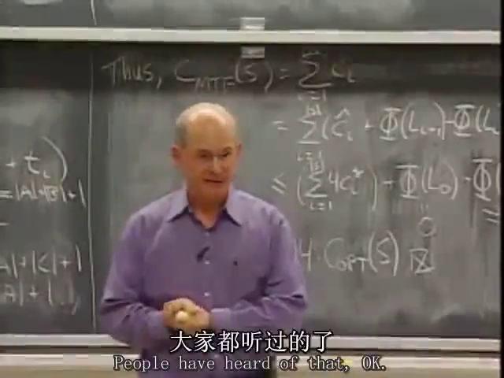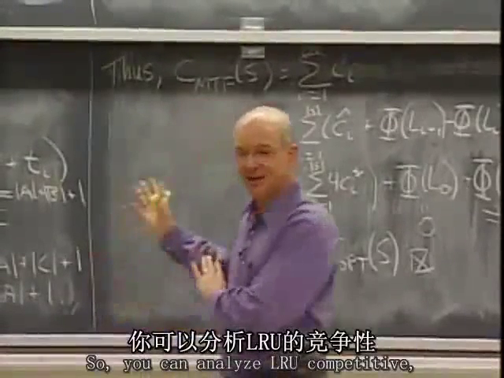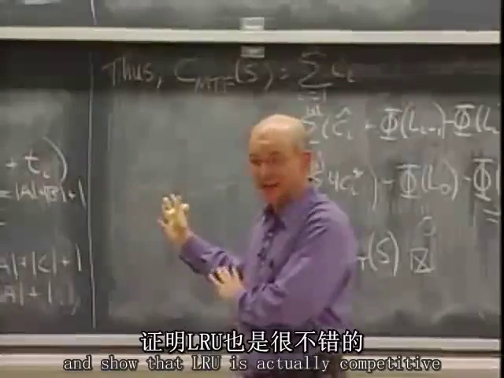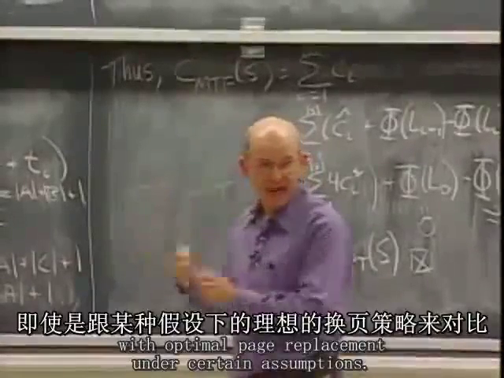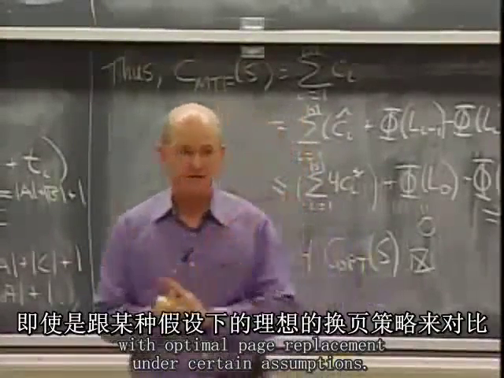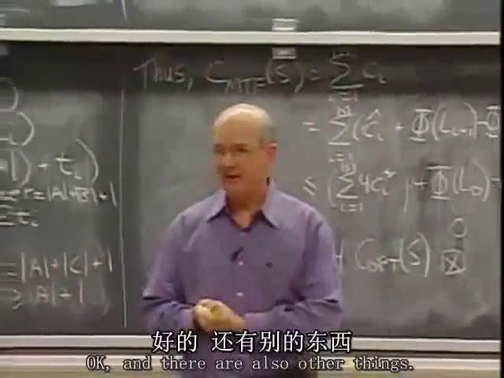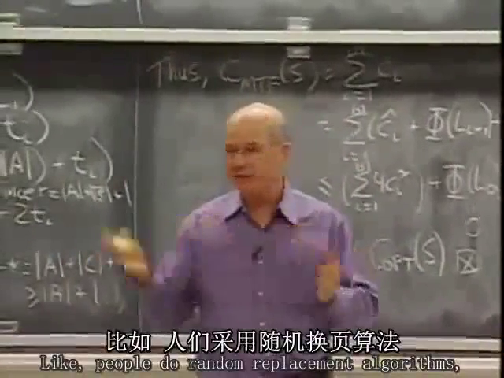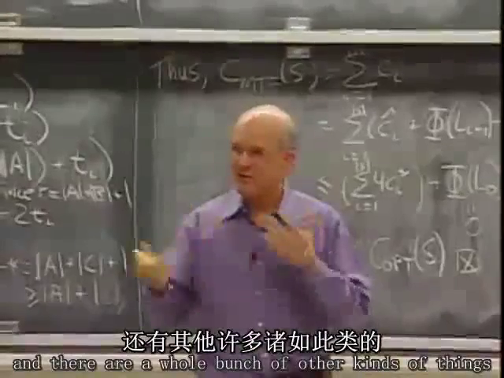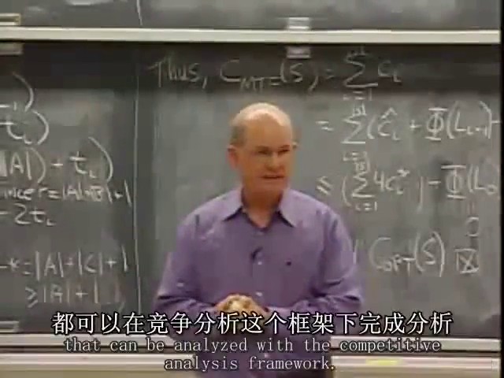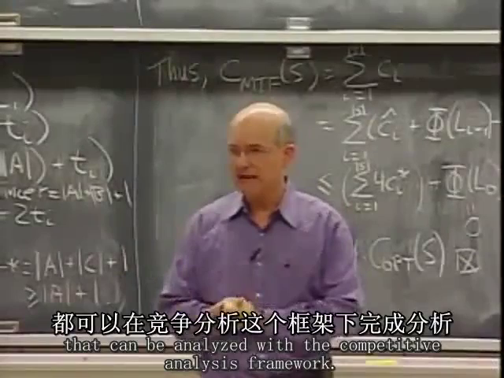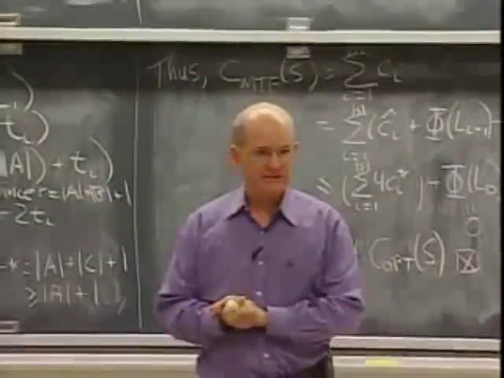You can analyze LRU and show that it is competitive with optimal page replacement under certain assumptions. There are also random replacement algorithms and a whole bunch of other things that can be analyzed with a competitive analysis framework. It's very cool stuff.